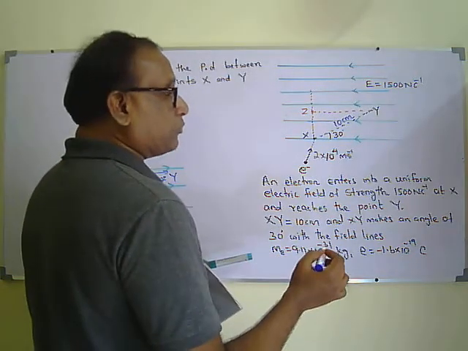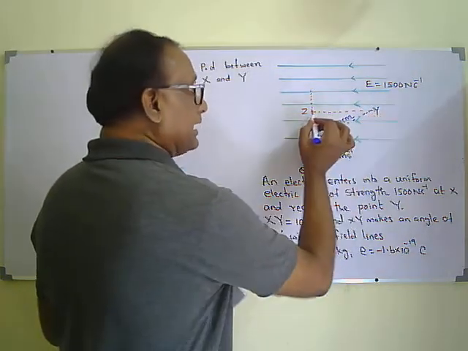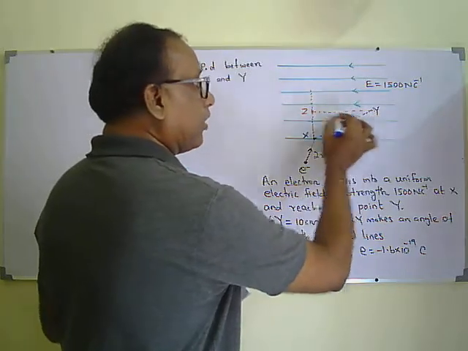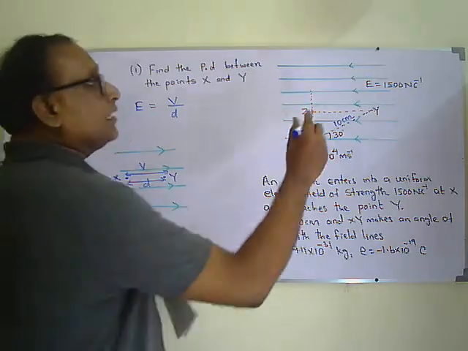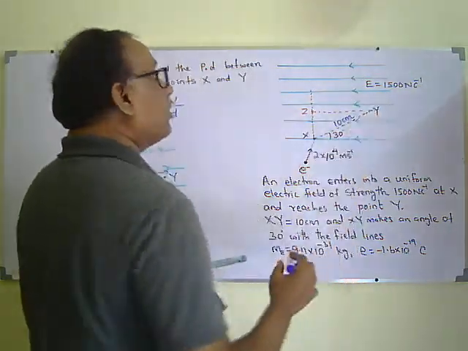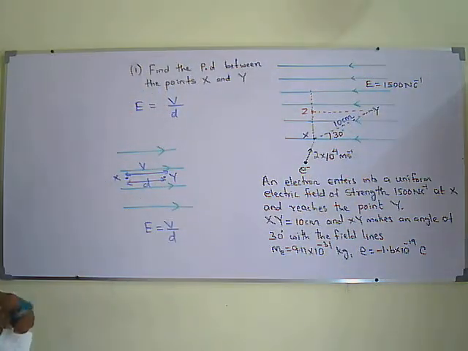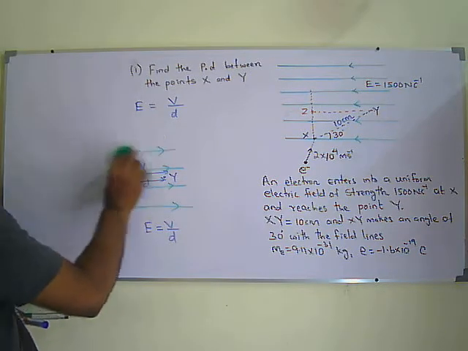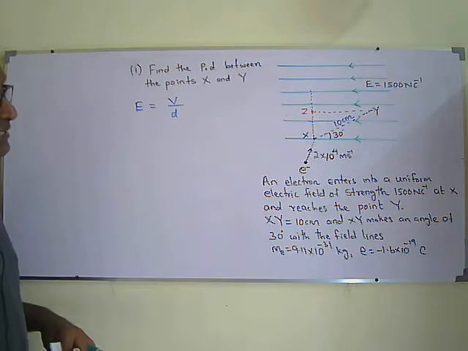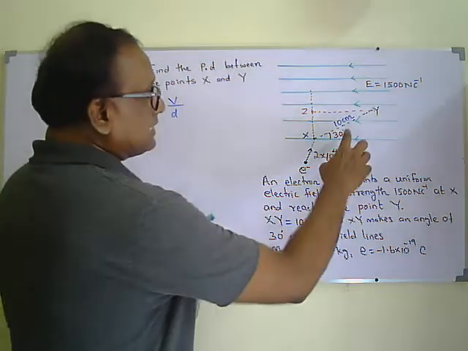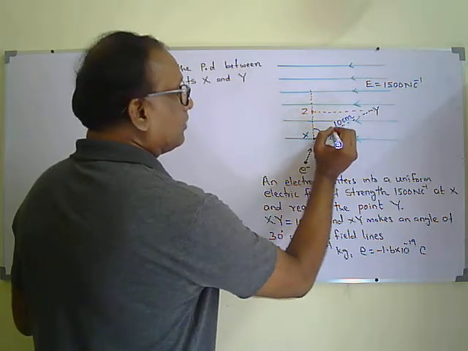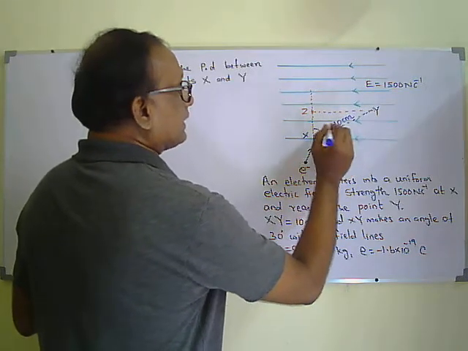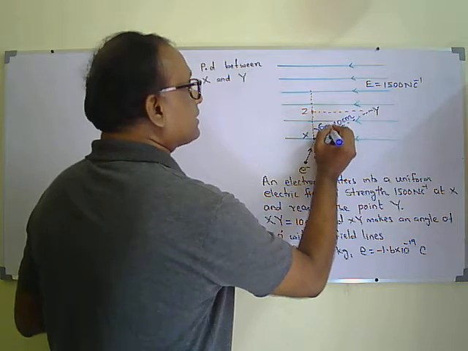So I want to find the potential difference between Y and Z, because Y and Z are on a line that is parallel to the field line. The only thing I need is the length of ZY, the distance between Z and Y. If I find it, I can use E = V/D since I know the electric field strength. This is 30 degree with the field line, so with the vertical line it is 90 minus 30, that is 60 degree.